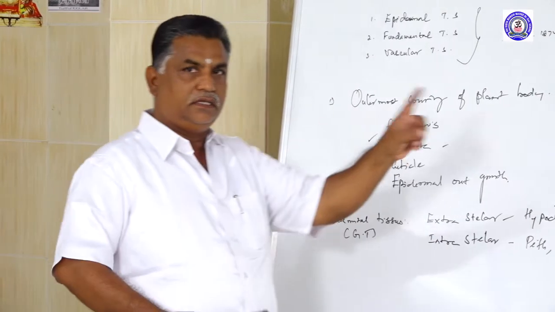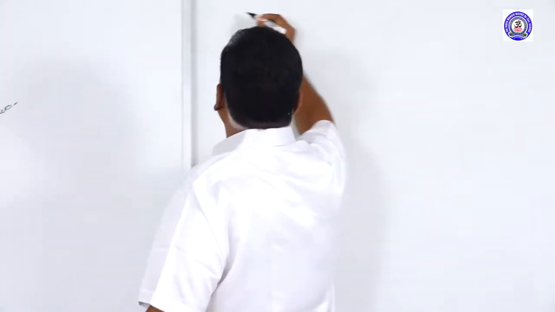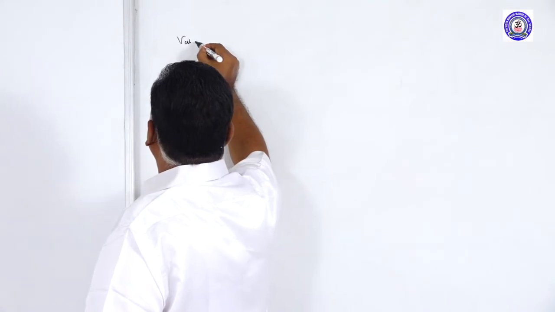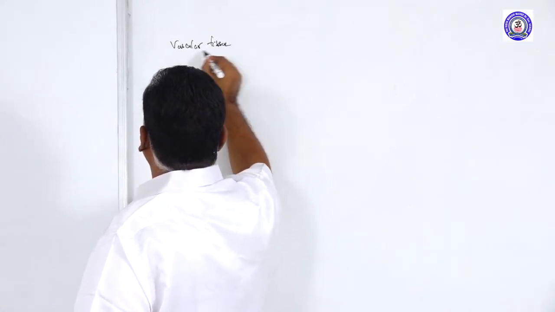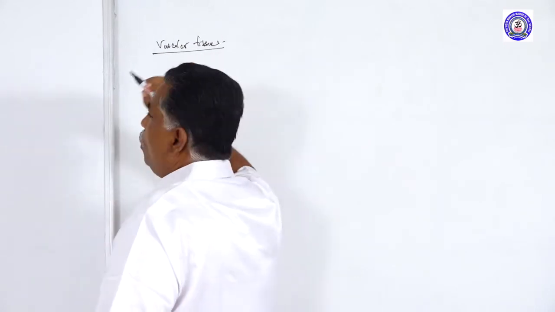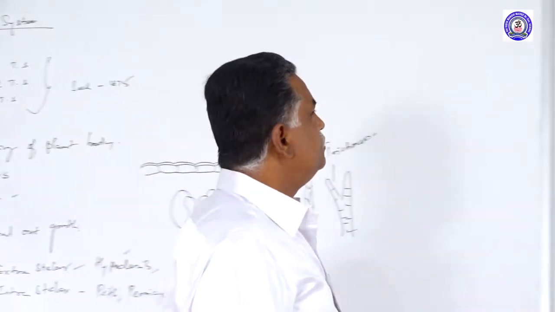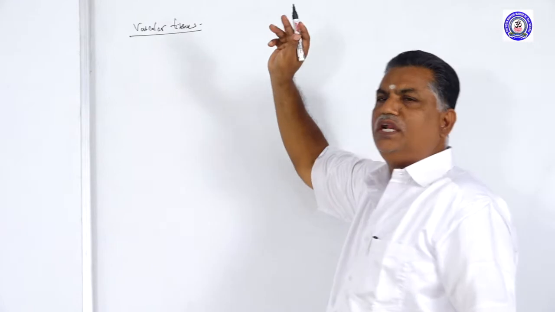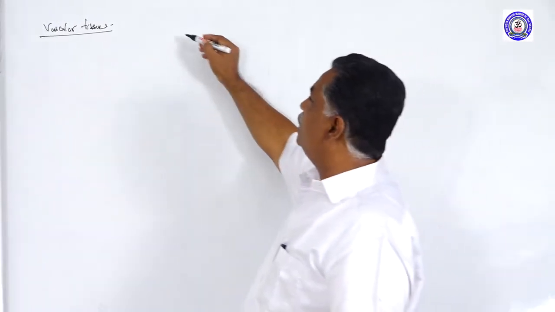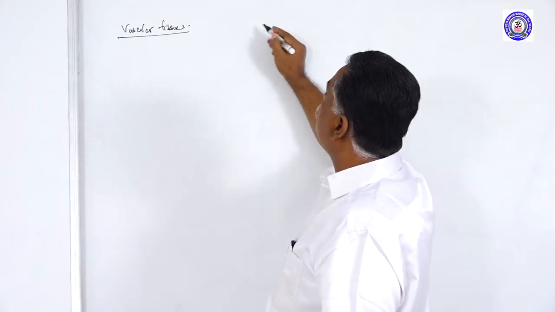Then third is the vascular tissue. What is a vascular tissue? Vascular tissues are the tissues involved in conduction of water and minerals. These are conducting tissues.